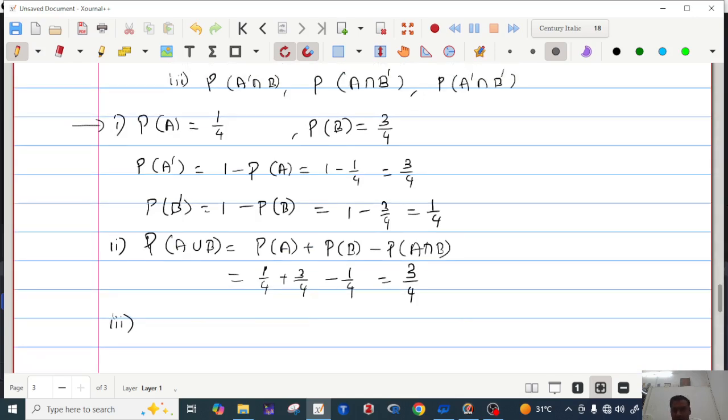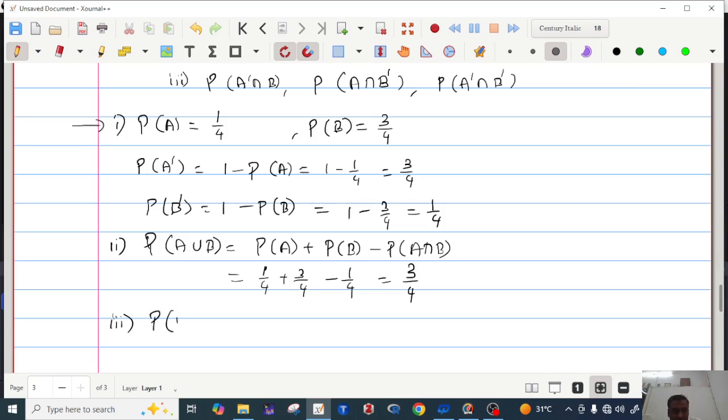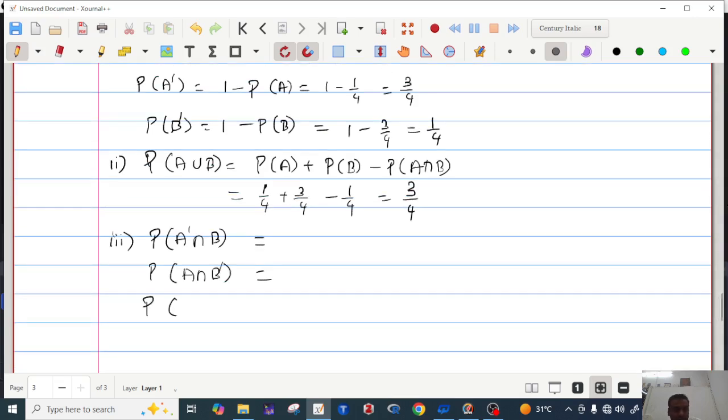Third one, in the third part they are asked to find out probability of A dash intersection B, probability of A intersection B dash, and probability of A dash intersection B dash. So use the formulas.